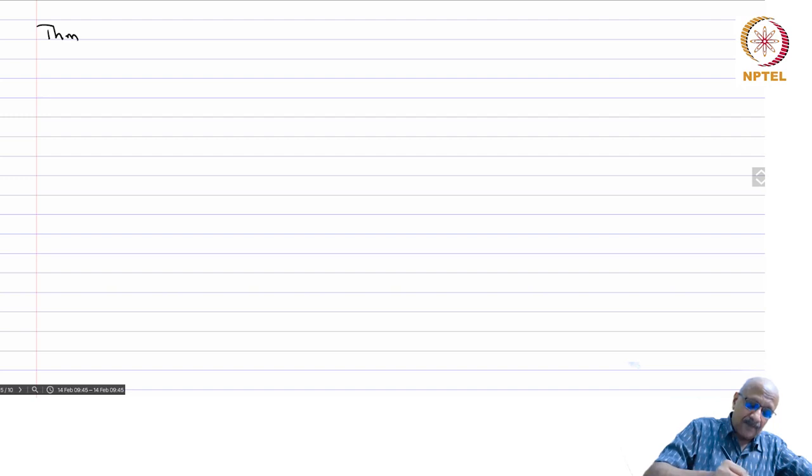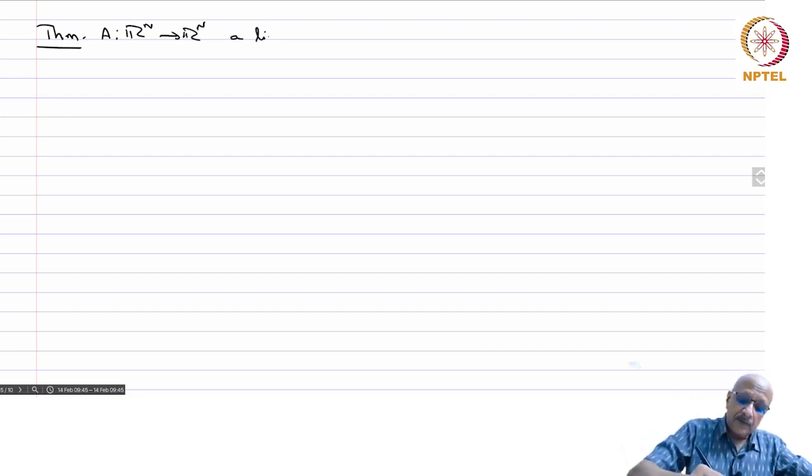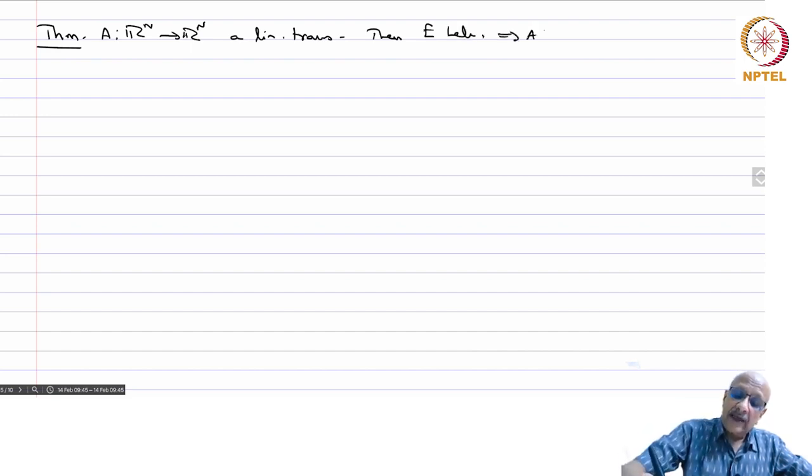So theorem: A from Rn to Rn a linear transformation. Then E Lebesgue implies AE is Lebesgue. Lebesgue means Lebesgue measurable.